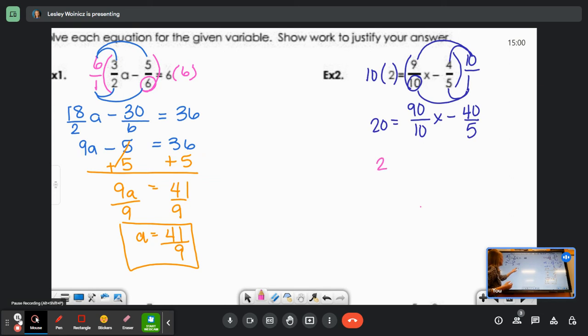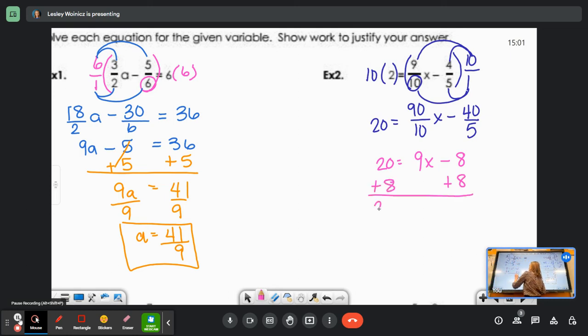20, I just leave. 90 divided by 10, 9. Bring down the x, bring down the minus. 40 divided by 5, 8. What do you think? Add 8, okay. Convinced. You convinced me.